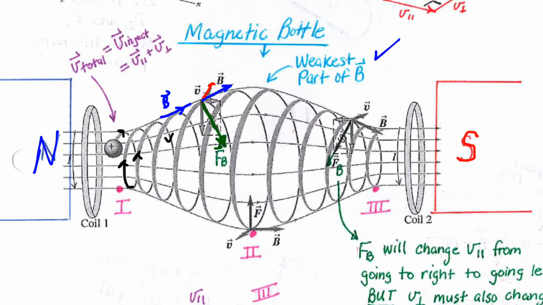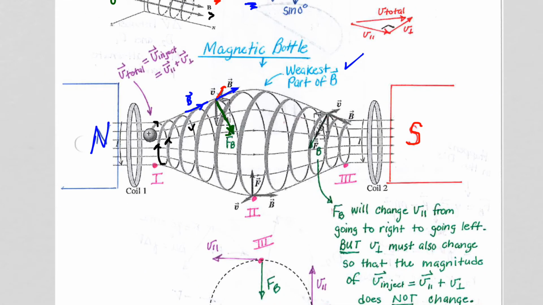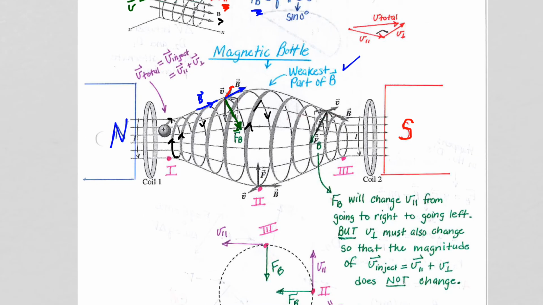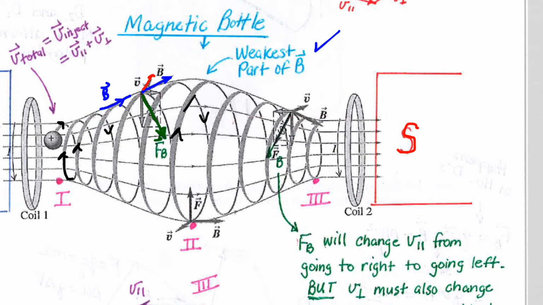Now, what I'm not going to go into detail with you about, but as the spiraling occurs, as it spirals along, keeps going to the right, at some point it will actually reverse direction, because the same description we had for the magnetic force now begins to point to the left.